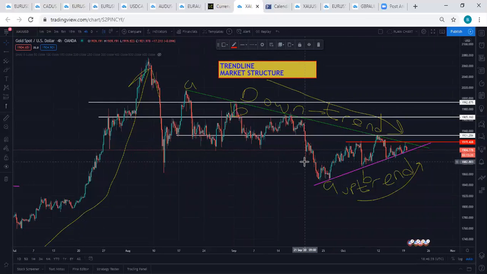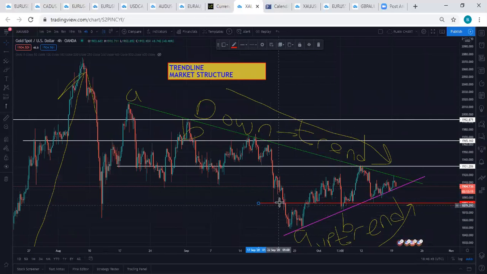Look at this, guys. Do you see how close they collide here, showing a support with your support trend line?